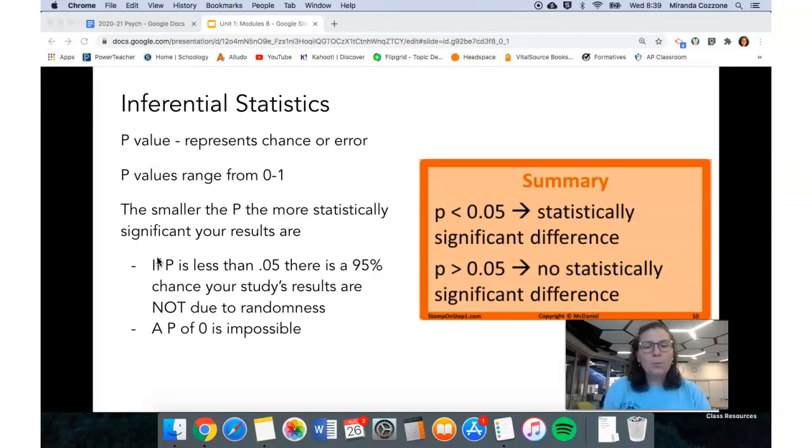It's impossible to be 100% sure, but in order to really get your data published as a social psychologist, your p-value of the statistics that you run would need to be 0.05 or less, meaning that you have 95% chance or higher of your results not being due to chance. Okay, so that's really important. So do be ready to look at a p-score and describe to me if that social scientist can now use the data to make an inference about a population.